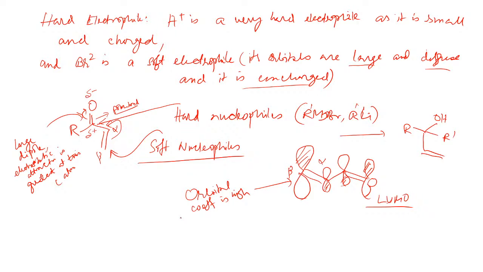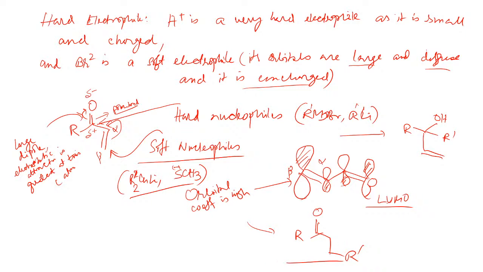So if we add soft nucleophiles like R dash 2 cuprate, also thiol, they try to attack at the beta carbon. Suppose you do a conjugate addition with cuprate, you get this product.